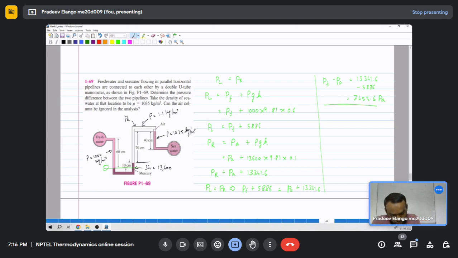So consider a datum here. Pressure above and below are the same. So here above we have PA, and below we have the seawater pressure plus 40 centimeters. So the PR above is PA and PR.